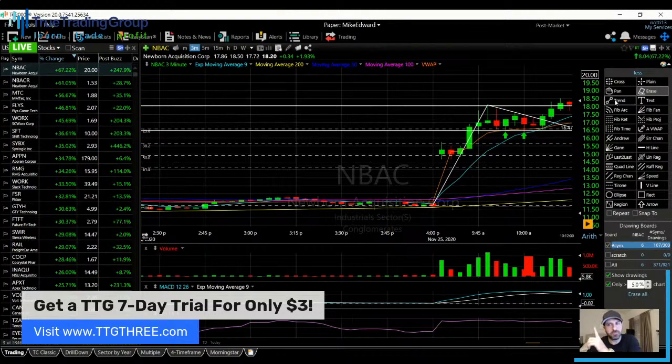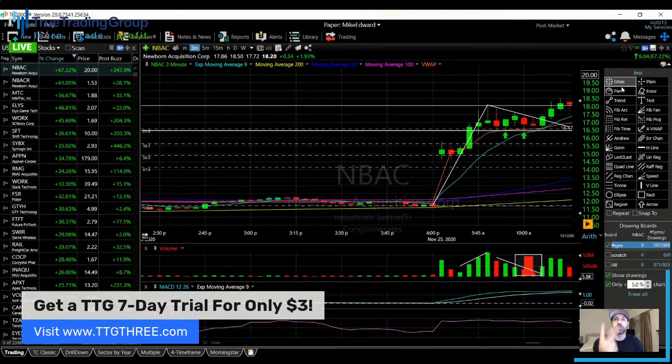Now, I just told you that ideal volume for a bull flag is increasing volume when the flag pole is created and then decreasing volume during the formation of the flag. But if the volume looked like this, that's not decreasing volume inside the flag. That's increasing volume inside the flag. So hold on a second then. That is something that I could change. That's something that I could make better. For that reason, I cannot give the volume aspect of this setup the check mark.